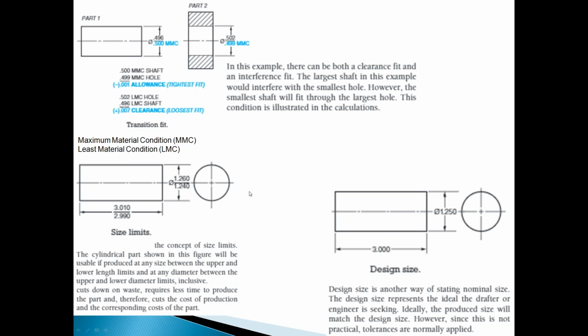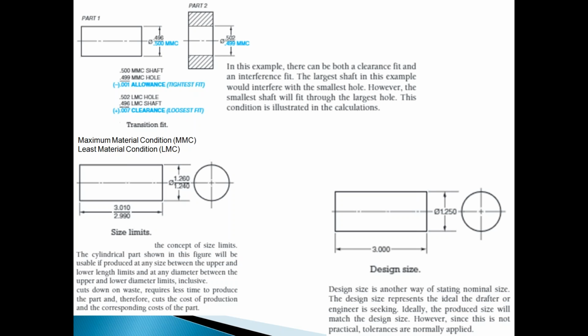Size limit. The concept of size limit: the cylindrical part shown in this figure will be useful if produced at any size between the upper and lower length limit, and at any diameter between the upper and lower limit inclusive. This cuts down on waste, requires less time to produce the part, and therefore cuts the cost of production and the corresponding cost of the part.